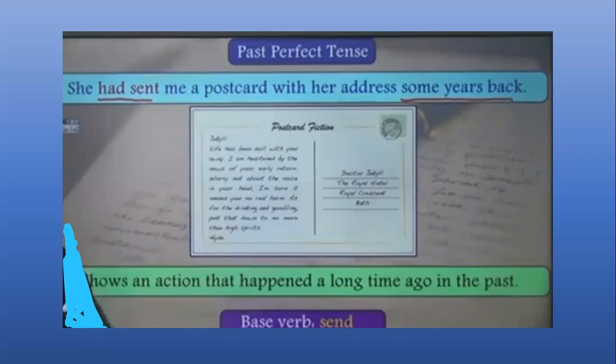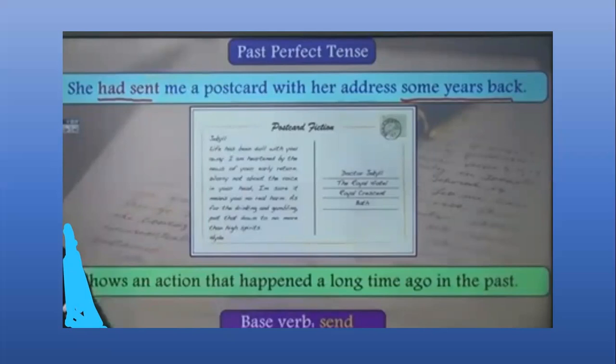In the present perfect tense, I mentioned a few key terms through which you can recognize that a particular sentence uses present perfect tense. In the same way with past perfect, there are a few words through which we could figure out that yes, this is past perfect tense, like after, before, as soon as, by the time.